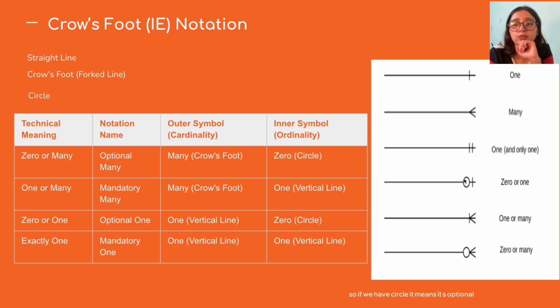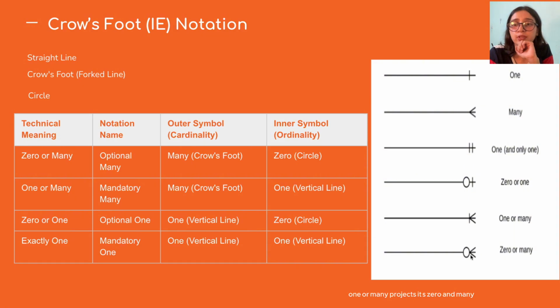So if we have a circle, it means it's optional, like the employee and project. If here we had employee and this side we had project, it would show that one employee can be assigned to one project or none. And in this case, an employee can be assigned to a mandatory one or many projects.